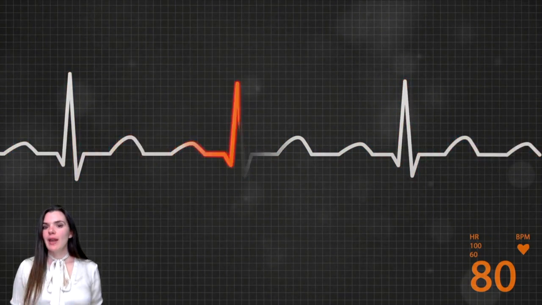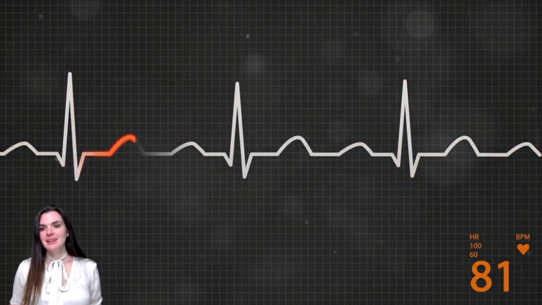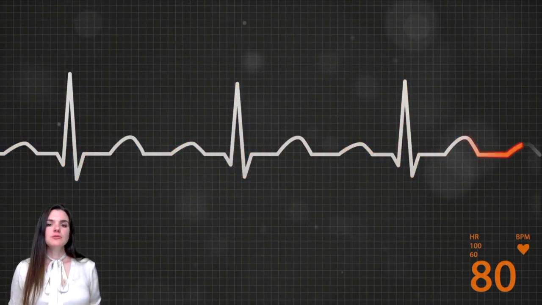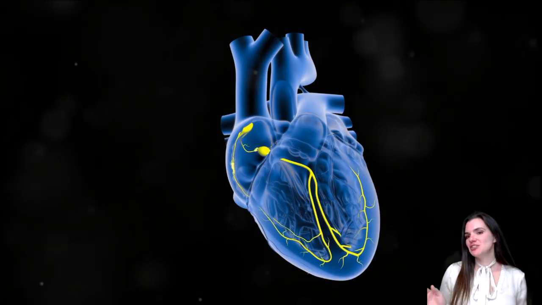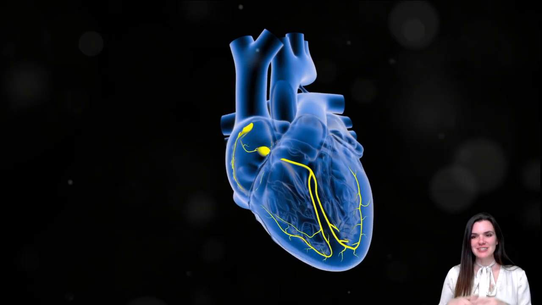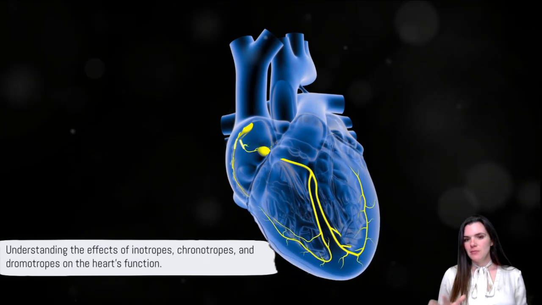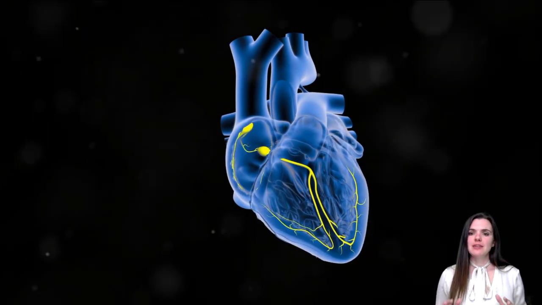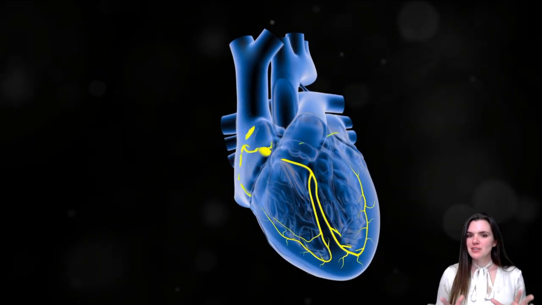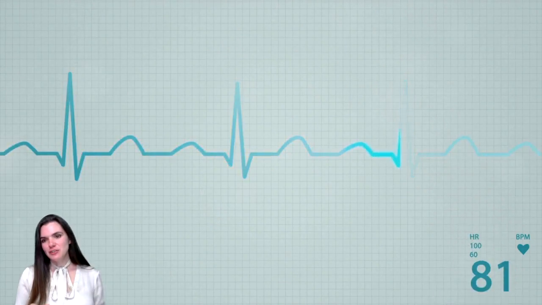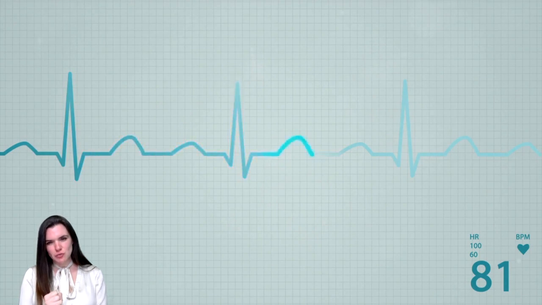On the right, we have dromotropic, indicated by an image of electrical impulses. These impulses remind us of the conduction speed of electrical signals in the heart, much like the fast movement of electricity. Remember, these terms are used to describe the action of drugs or the body's own physiological responses on the heart's function. Inotropes affect contraction strength.